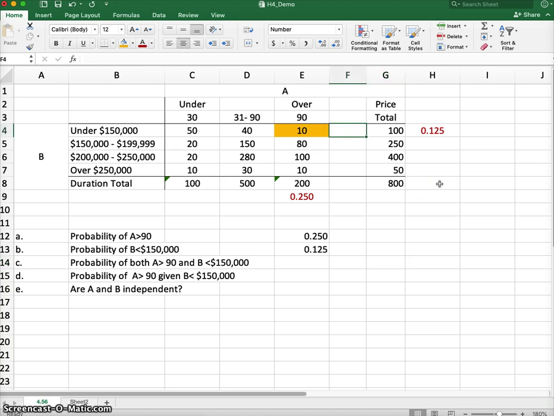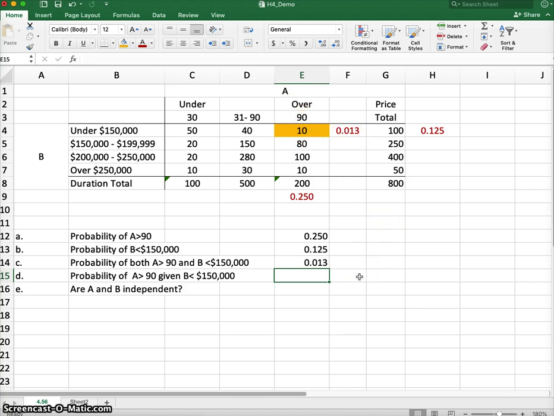So what is that? That just equals 10 divided by the total, which is a fairly small probability. So the answer there is equals this, because it's both under $150,000 and over 90 days to sell. So it's right there. Okay?